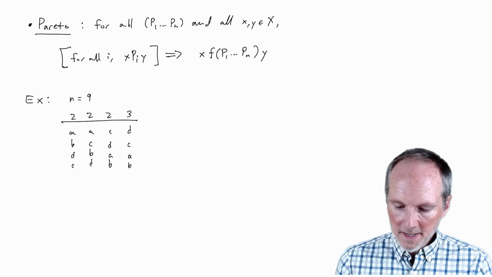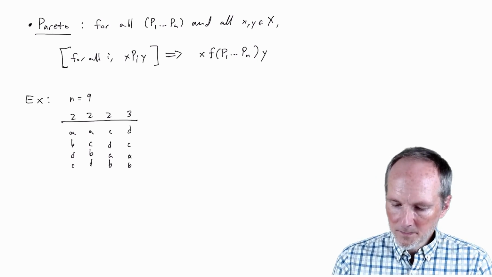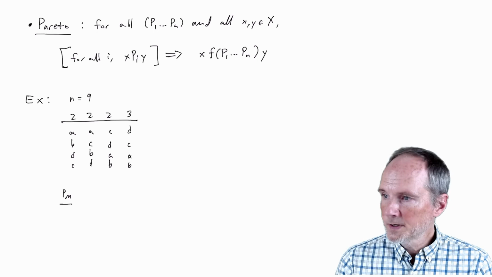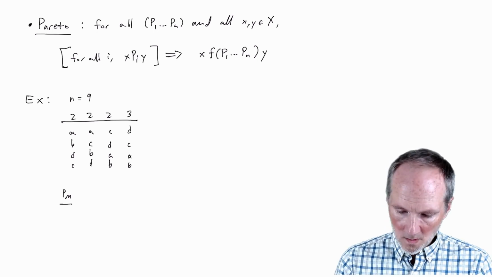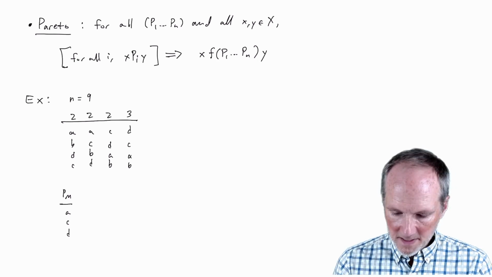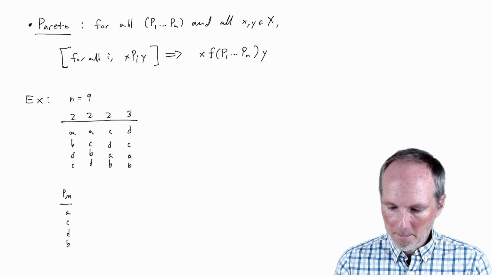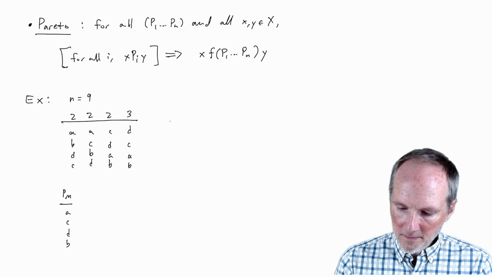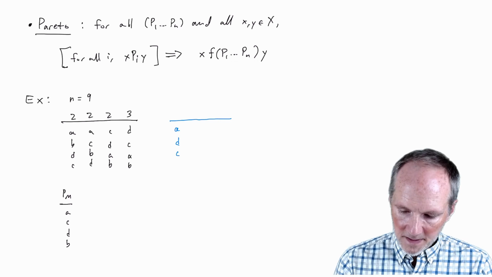Okay, and then we calculated the Borda ranking, and that was A first, then C, D, and B. Then we said, well, let's move B down to the bottom of these rankings. And so we have then A, D, C, B, right? We're just moving that down. A, C, D, B, we move that to there.